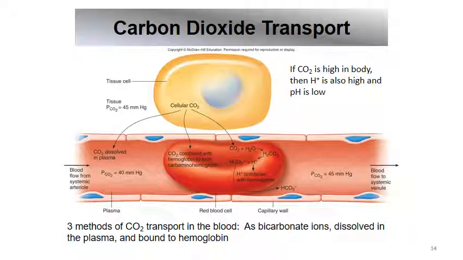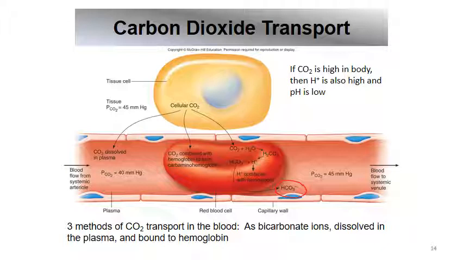And so this picture is just showing what we just said, carbon dioxide transport. Some of the CO2 is traveling in the plasma. Some of the CO2 is transported in the hemoglobin. And a lot of the CO2 gets transported as bicarbonate. This bicarbonate formation can occur in the plasma, but especially it occurs in our red blood cells.